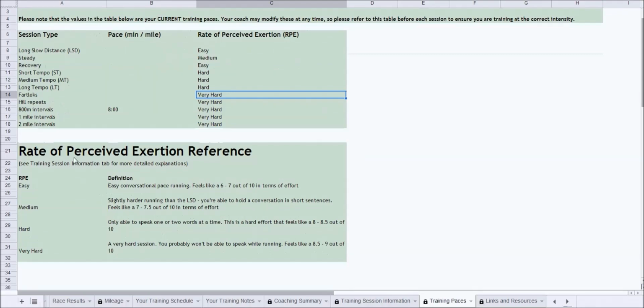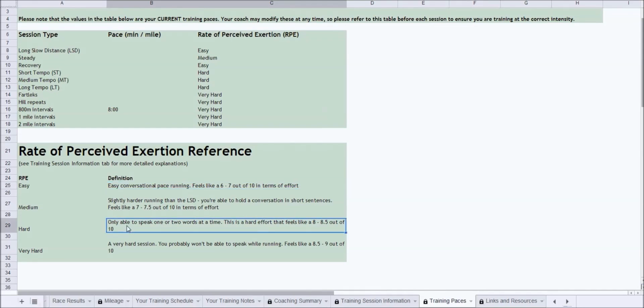And then down towards the bottom of this page we can see what the rate of perceived exertion should feel like. So for example, if your coach is asking you to do an easy session, then that means that you should be running at an easy conversational pace, and it feels like about a 6 to 7 out of 10 in terms of effort. So for example, your long slow distance runs will be run at an easy pace.